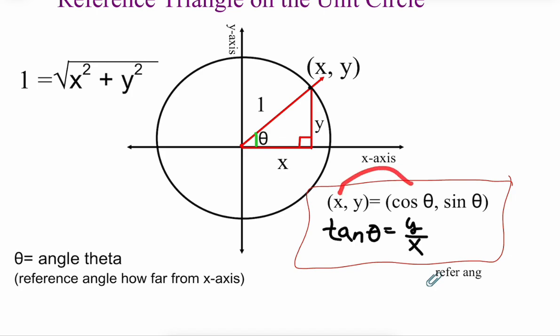The x value gives you the cosine at that location. The y value gives you the sine at that location. The tangent of that location is y over x, or sine over cosine.